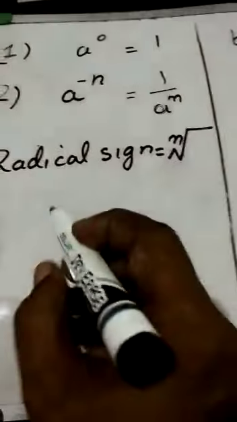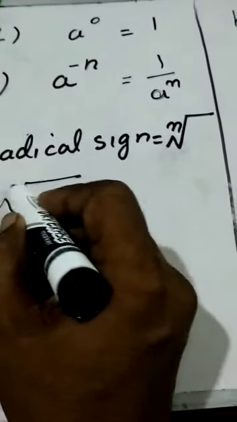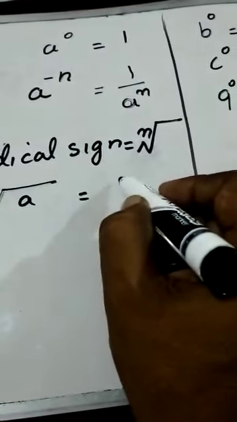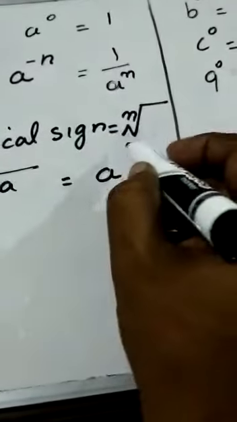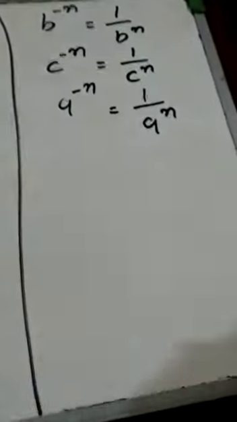Okay, so if you see a radical sign over something, and you want to remove this radical sign, this n will become 1 upon n, and over here if it is the nth root of b, it will become b^(1/n).